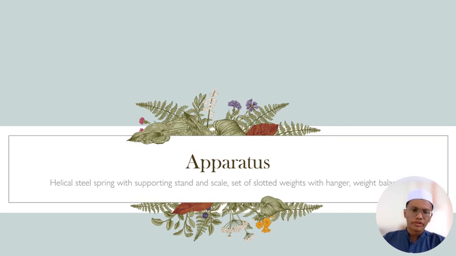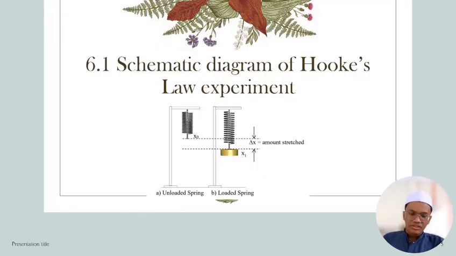We must have a helical steel spring with supporting stand and a set of slotted masses with hanger and balance. The next slide is the 1.6.1 centimeter diagram of Hooke's law experiment.